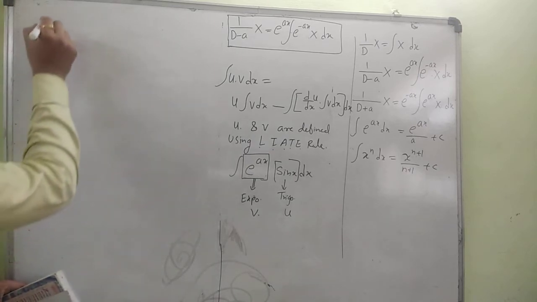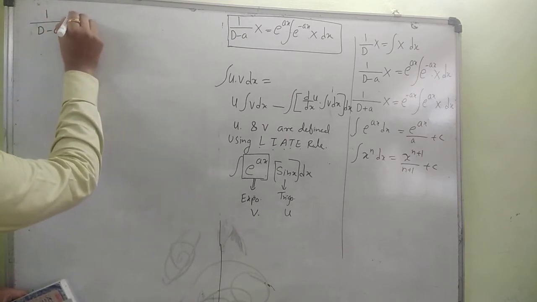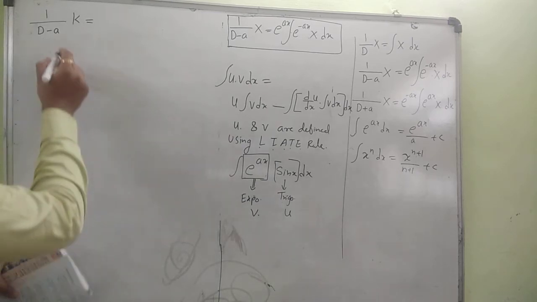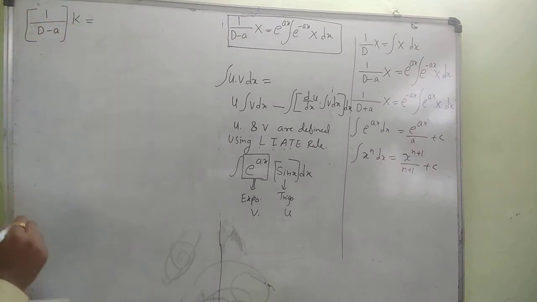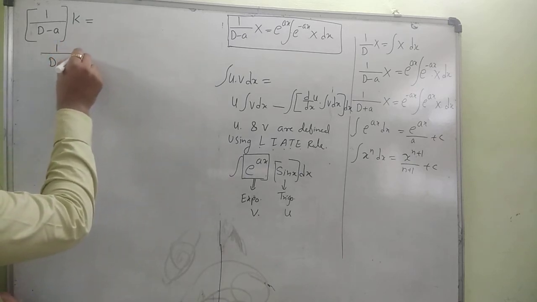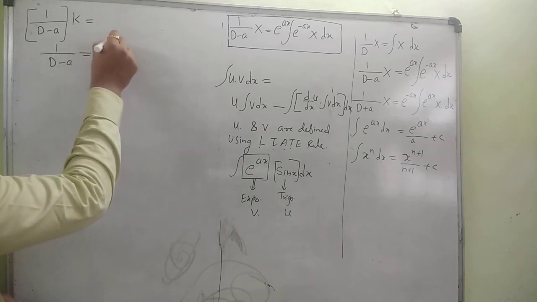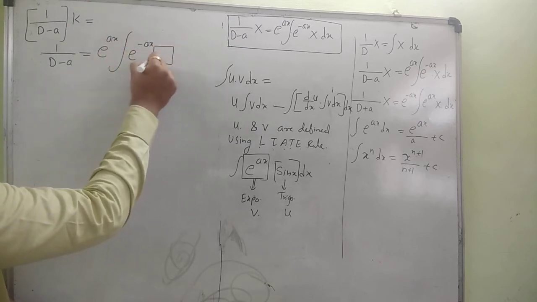If it is 1 upon D minus a into any constant term, let it be k. So how we will solve it? 1 upon D minus a has its own formula. 1 upon D minus a means e raised to ax, integration of e raised to minus ax into whatever the terminology is there into dx.